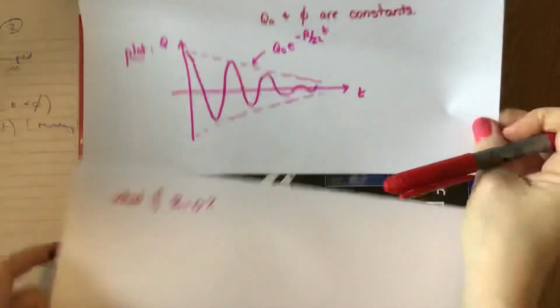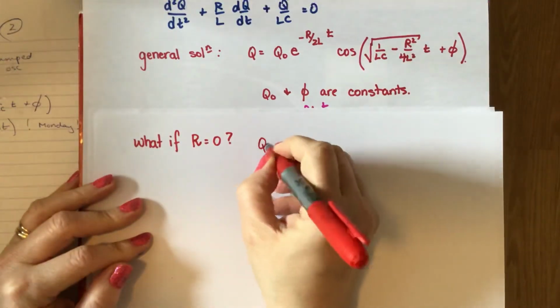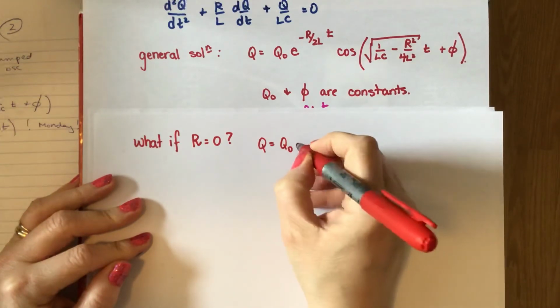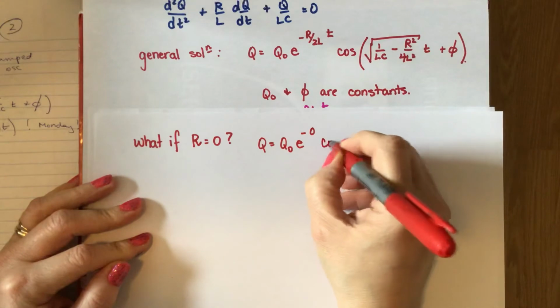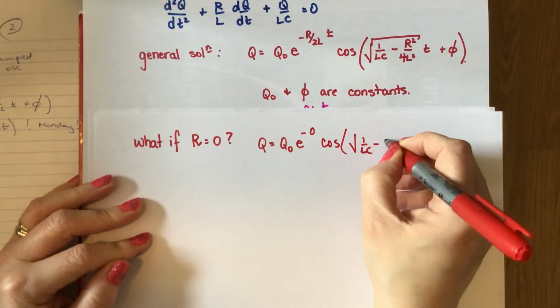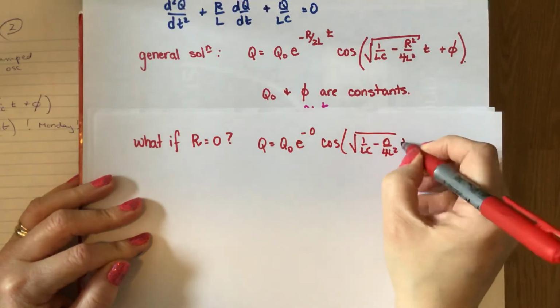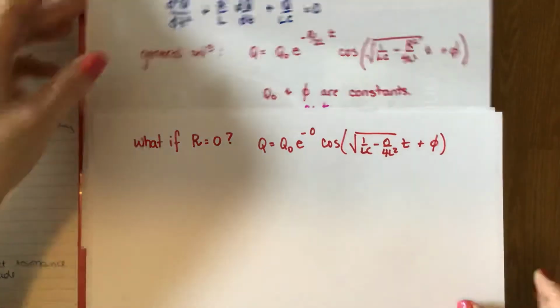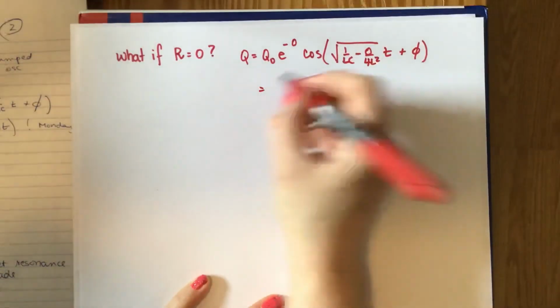Let's just plug in R equals 0 and see what we get. Q equals Q0, e to the minus 0, cosine square root 1 over LC minus 0 over 4L squared times t plus phi, that phase constant, which just allows for a start other than somewhere at the amplitude.